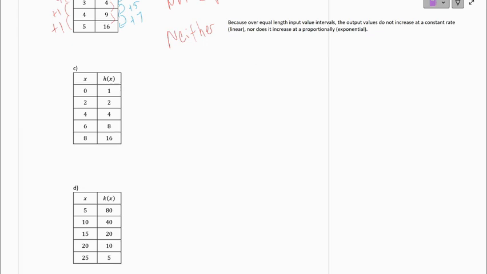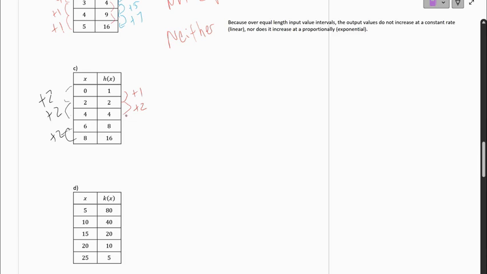All right, perfect. First thing, always check equal length input value intervals. Oh, my stylus is not working now. That's right, it's +2, +2, +2, +2. Then let's check linear: +1, +2. Honestly, I could stop right there, because I know it's not linear after I see those not being the same.